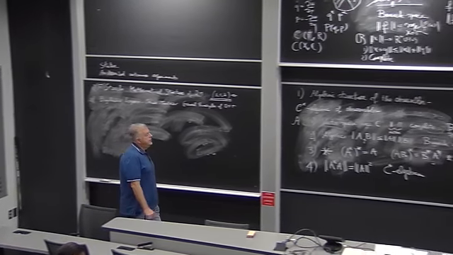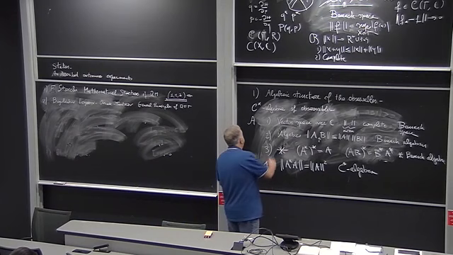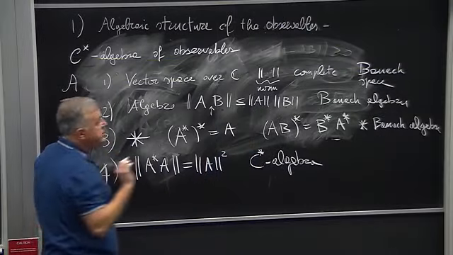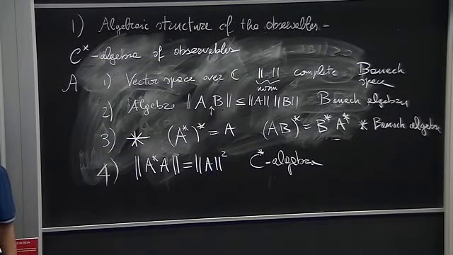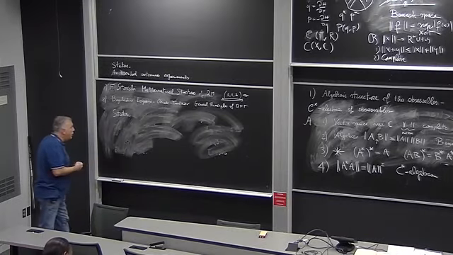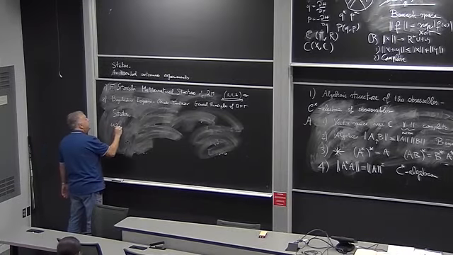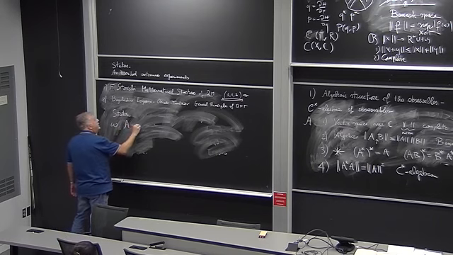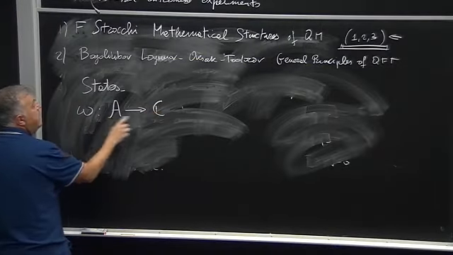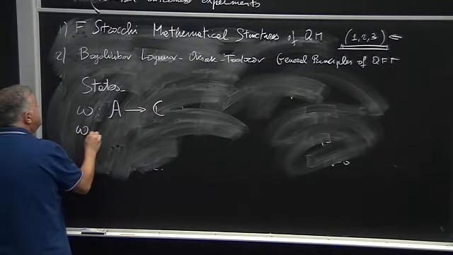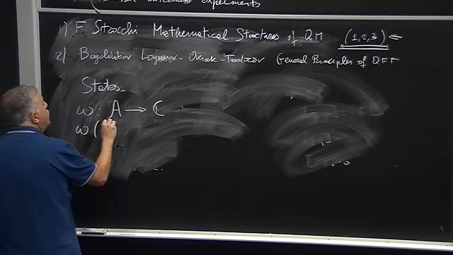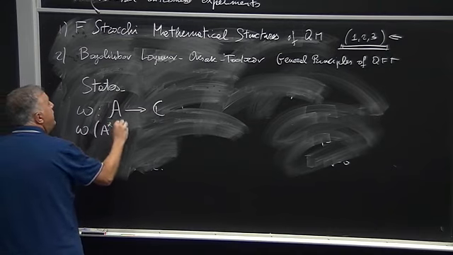Okay, this is the structure that describes the observables of your system, and then you have the states. The states are the outcome of the experiments. So states are linear maps from the algebra into the complex numbers, which have to be continuous and positive.